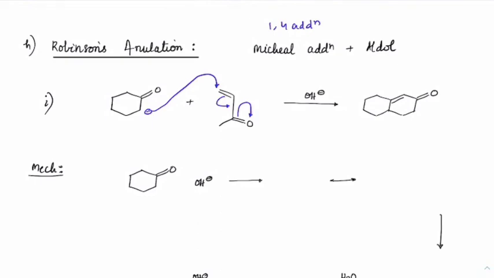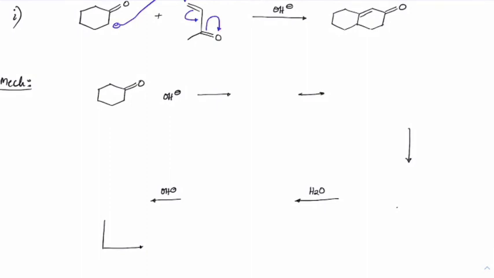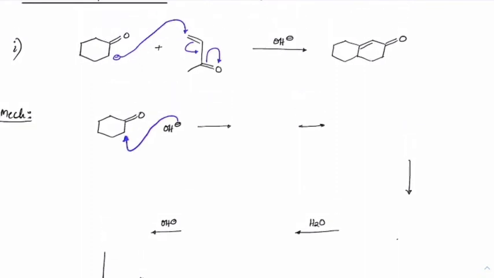And finally we will reach this molecule. Let me show you the mechanism here. So first OH minus is extracting a proton from here, right? And once it extracts the proton, we will have the carbanion formation. So this carbanion is in resonance stabilization with this O minus here, like this.